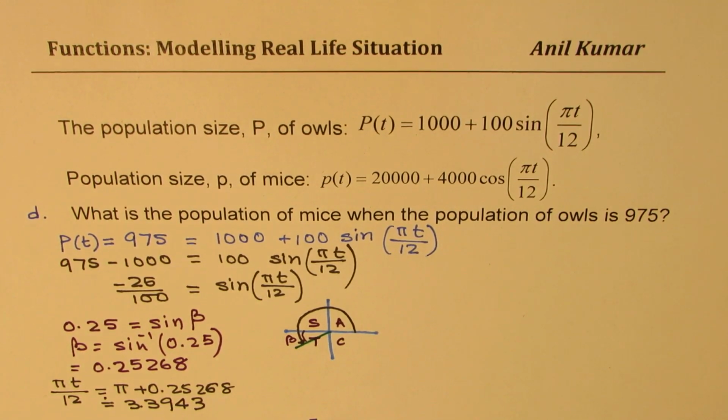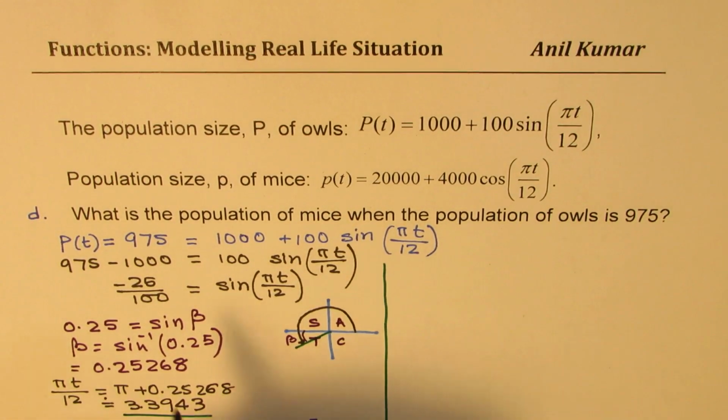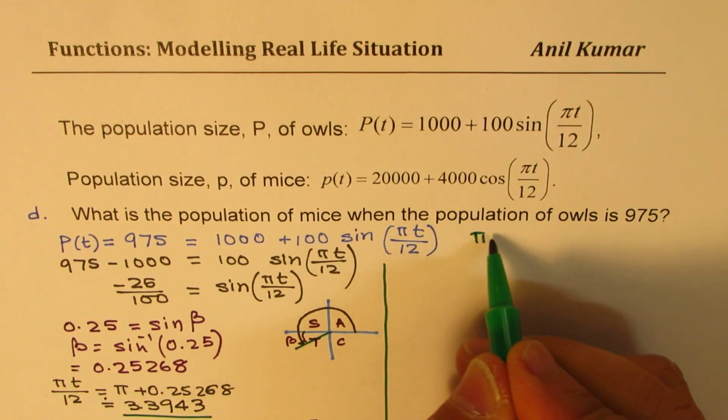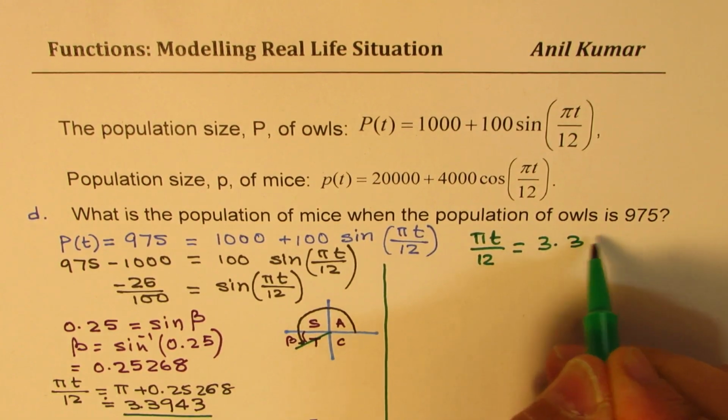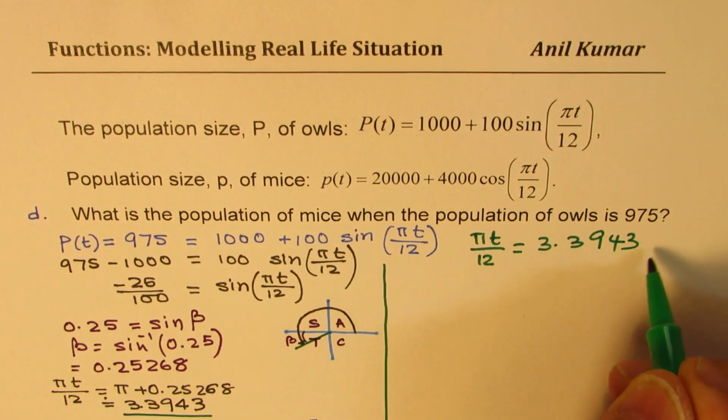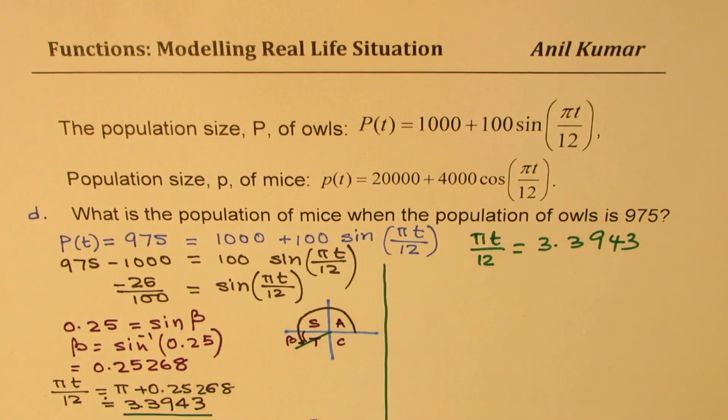Now, we have to use this value of pi t by 12 to find the mice population. Does it make sense? So what we found here is that pi t by 12 is equal to 3.3943, right? This is in radians, which basically is a ratio.